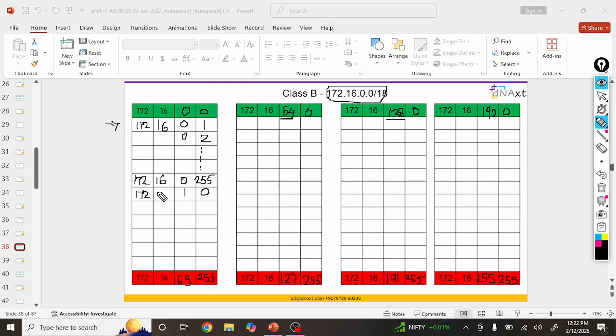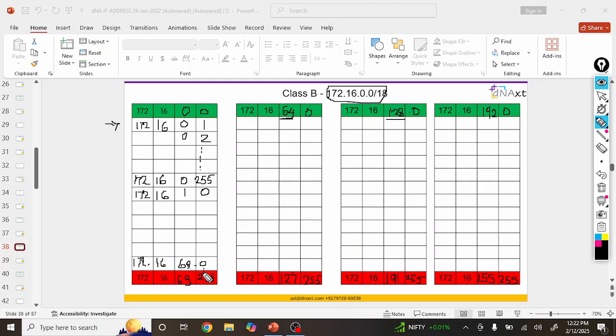So 172.16.1.0 to 1.255, then 2.0, 2.1, 2.2 up to 255, 3.0 to 3.255, and then finally 63.0, 63.1, 63.2, and finally we will get 172.16.63.255.